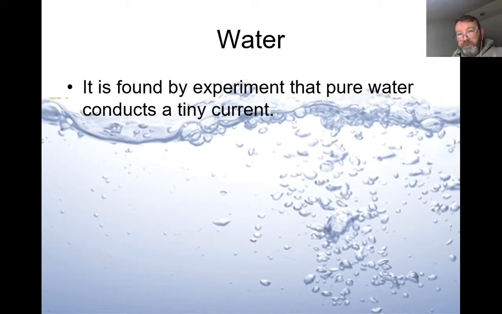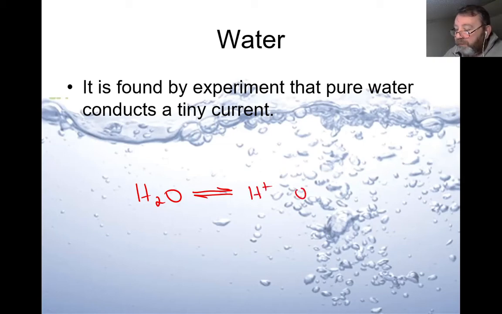So because pure water can conduct a very, very small electrical current, that means that there must be a tiny amount of ions present in water. And in fact, the only ions that can be present in pure water, distilled water and deionized water, are the ions that are made when a water molecule itself just automatically breaks up into H plus and OH minus.